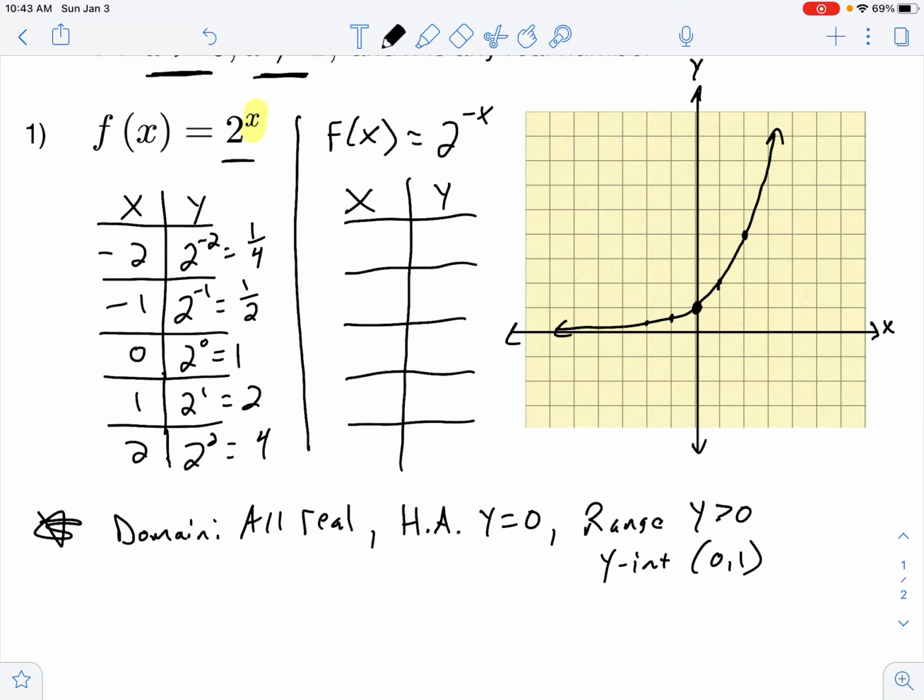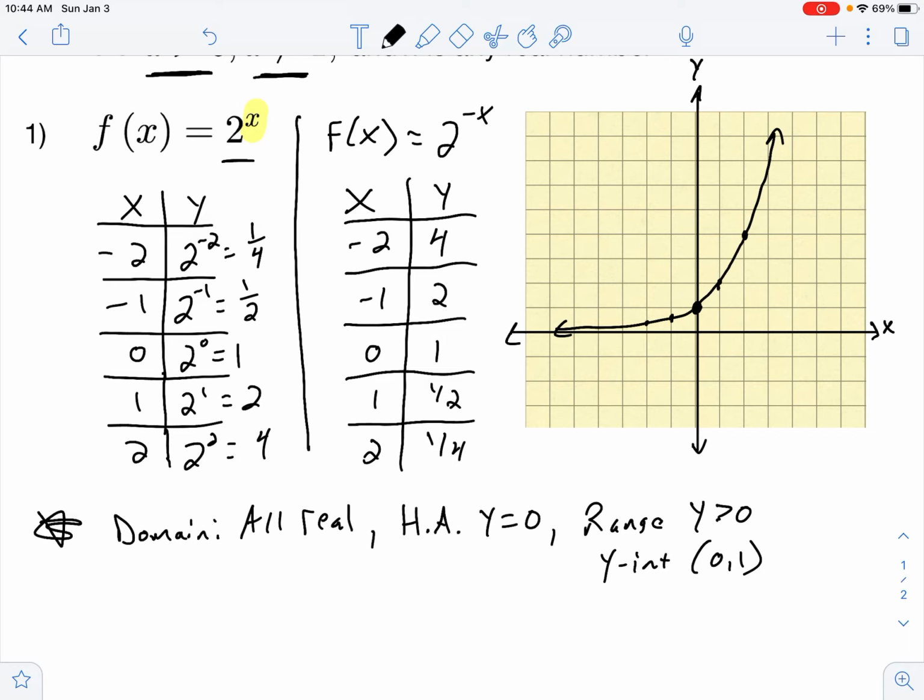If I put in the same values, what I'm going to get here is 4, 2, 1, 1/2, and 1/4.